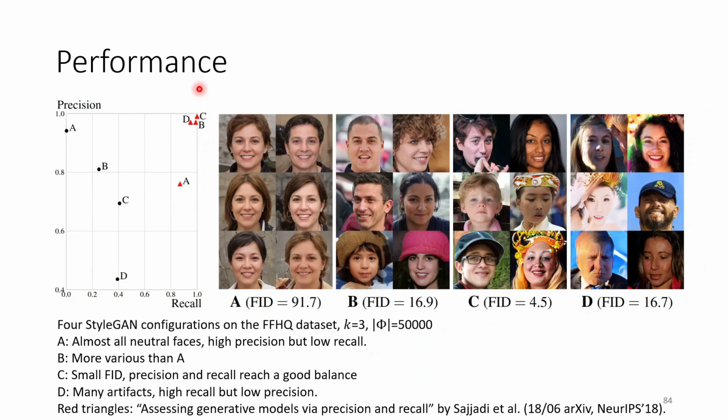They compared with the existing method, and it cannot tell the precision and recall among the B, C, D sets. So it shows their improved precision and recall definition works better than the existing one.